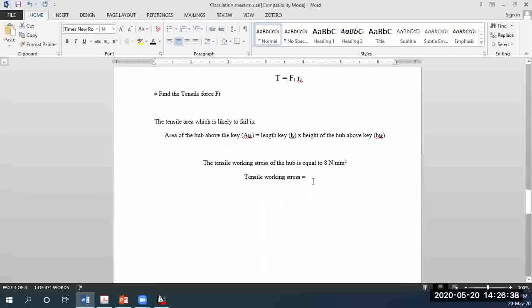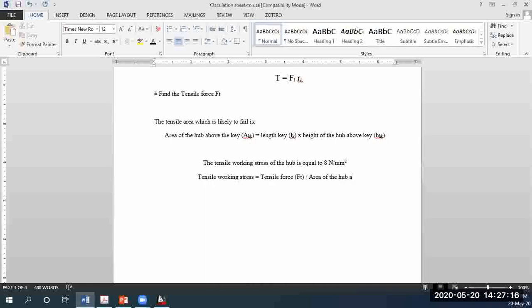In this case, the tensile working stress will be equal to the tensile force, which you already determined previously, Ft, divided by the area of the hub above the key.